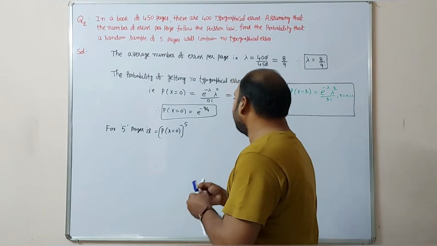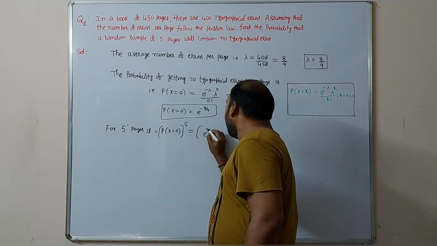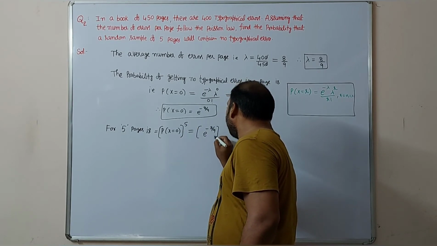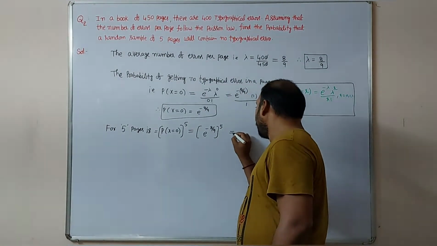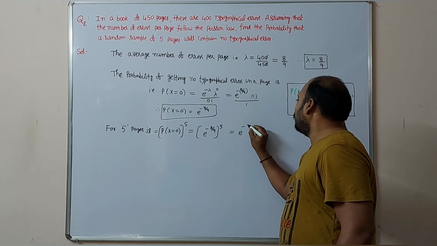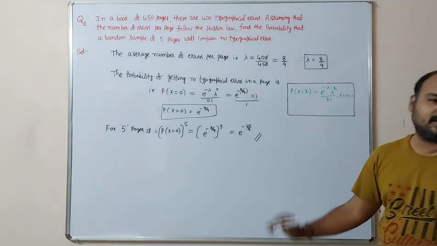So therefore P of x is equal to 0 value is e power minus 8 by 9 whole power 5, which is also equal to e power minus 40 by 9. No need to simplify, you can leave it like this.